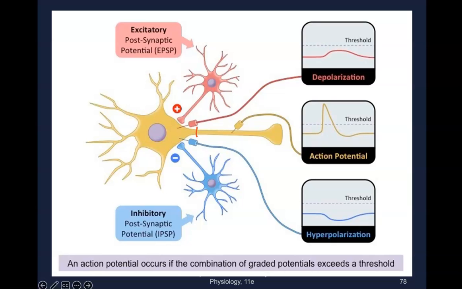Remember that our resting membrane potential is around negative 70 millivolts.